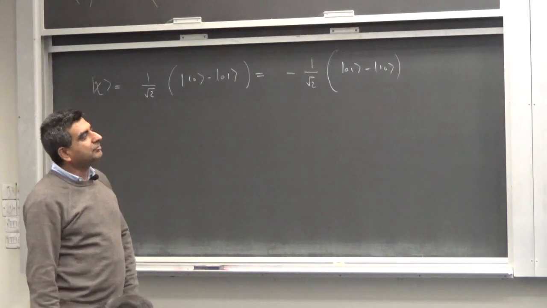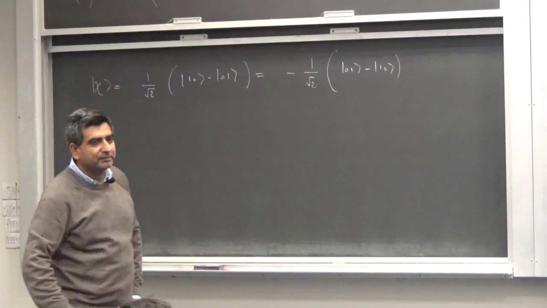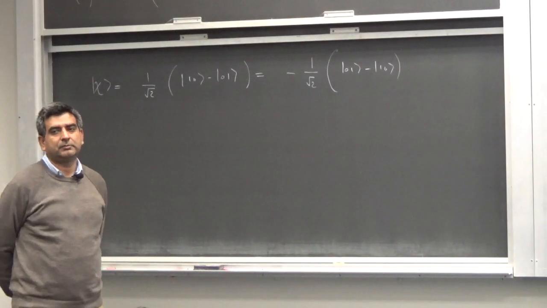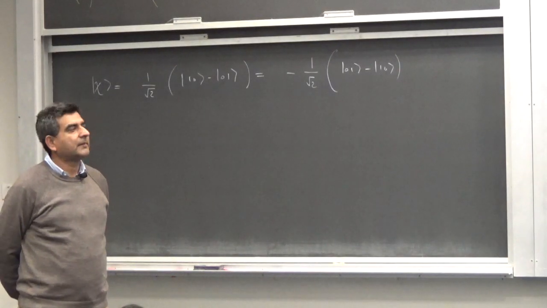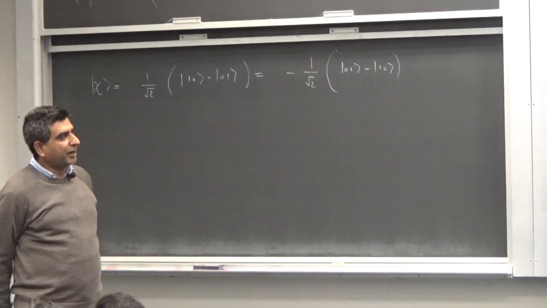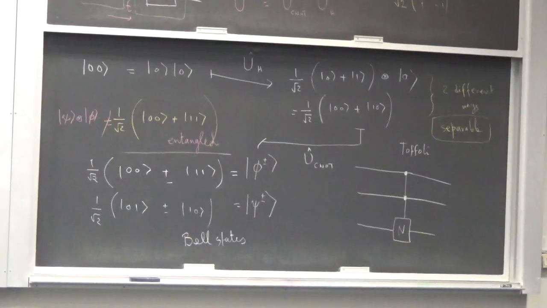Can I ask you, how would you be able to create the other Bell states? So if you input ket 0, ket 1, you get another Bell state. But how do you get the other 2 Bell states? What kind of gate would you require? So think about controlled phase gates, controlled pi gates and so on.